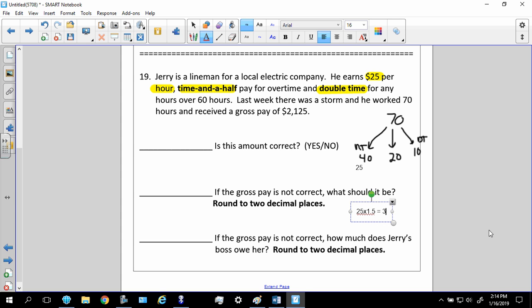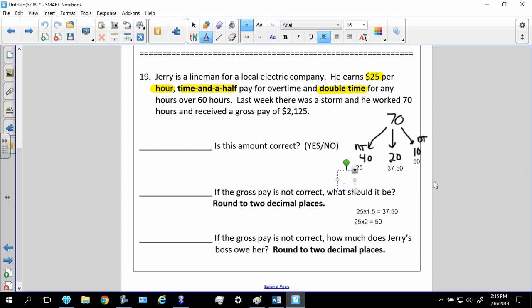I believe that's 37.50. So this will be 37.50, and then double time. Well, that's easy. I'm going to do it anyway, so you can see it. 25 double time is when you just double it, which is times 2, which equals 50 bucks an hour. So he's making a whole bunch of money. Linemen do that. So if you can get into that, awesome.